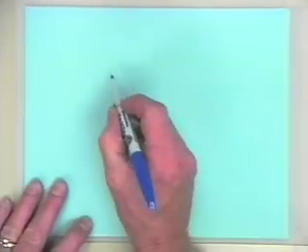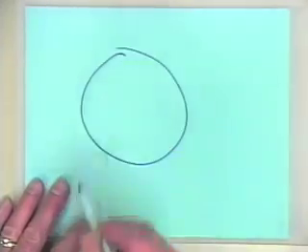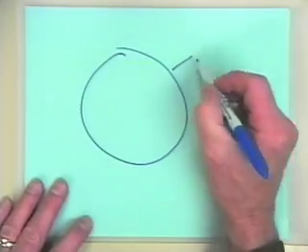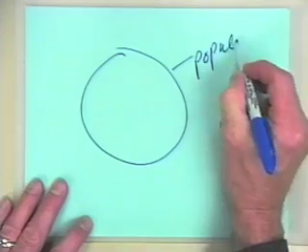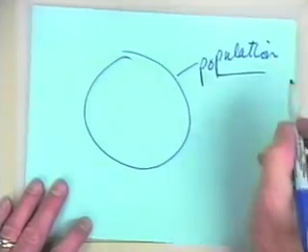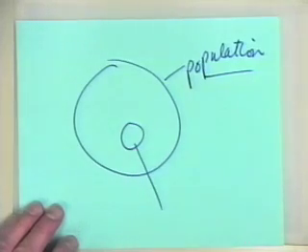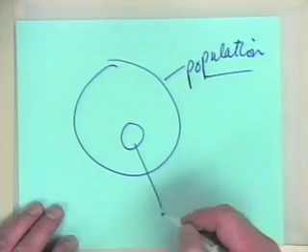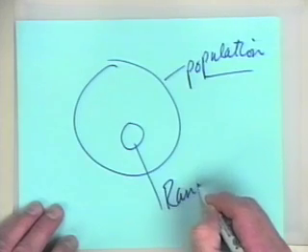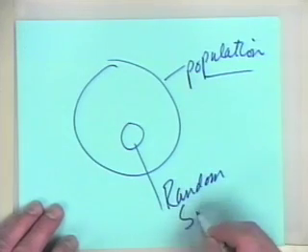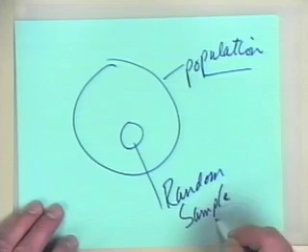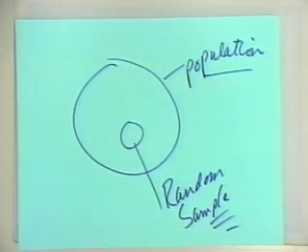And then we're going to be doing some studies where we're going to identify some population. And then we're going to obtain from this population a random sample. And we're going to find out something about that random sample.